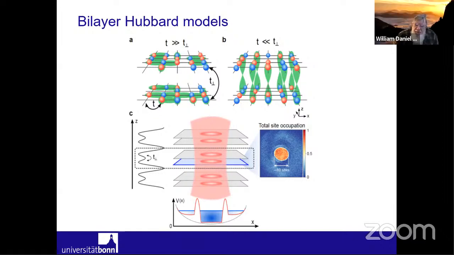Now, Michael, if I've understood correctly, going back to the single layer results, as you change, say, U over T in the usual way, you see a crossover between the metallic behavior and the Mott insulator behavior.